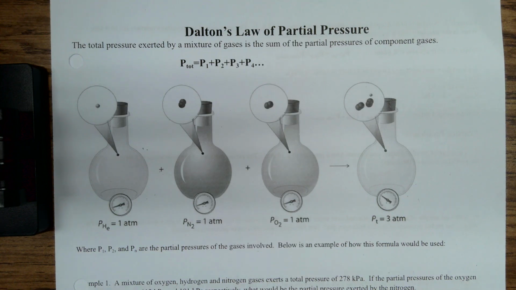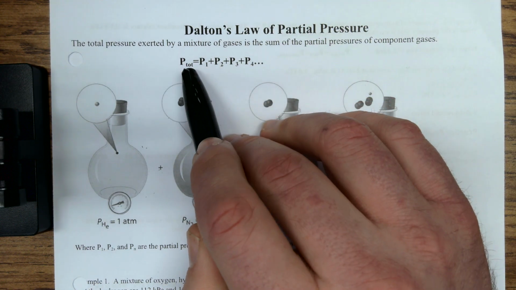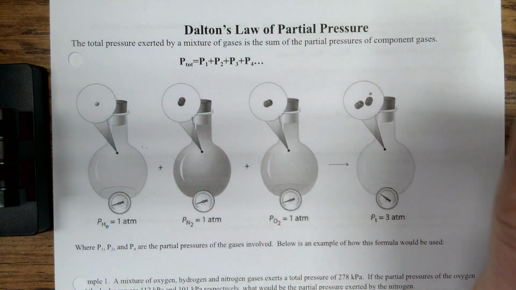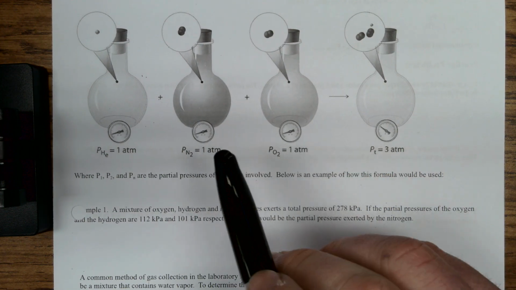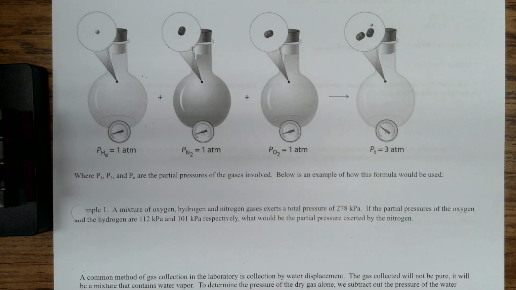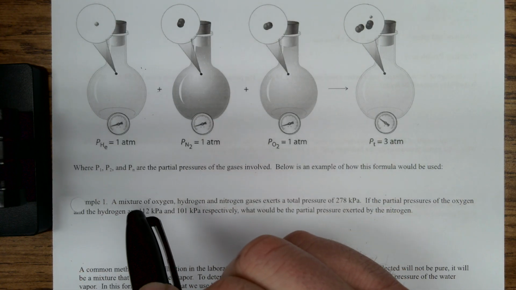So we're looking at Dalton's law of partial pressure, and we're going to see that the total pressure is equal to all the pressures added up. Our example here in our diagram is I have a pressure of helium at 1 atmosphere.